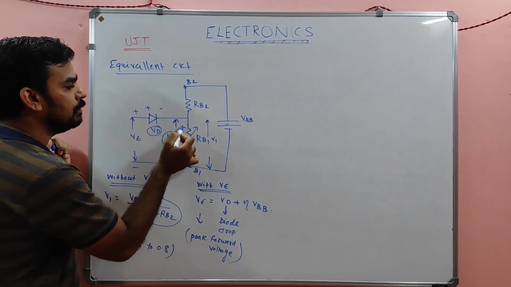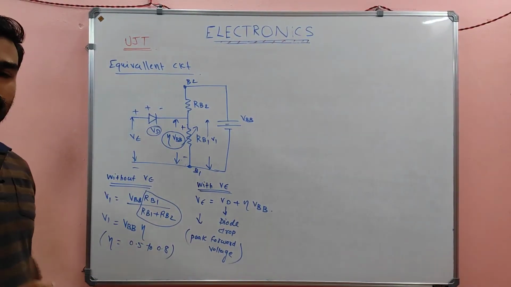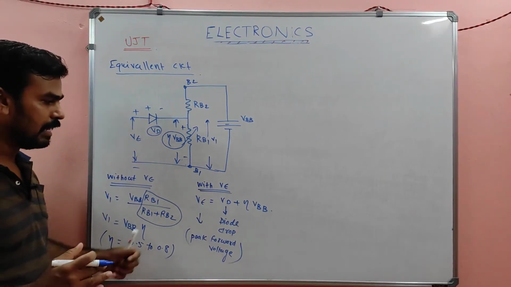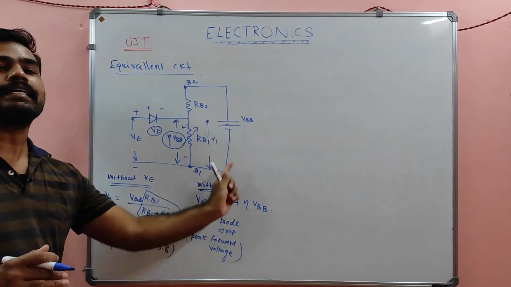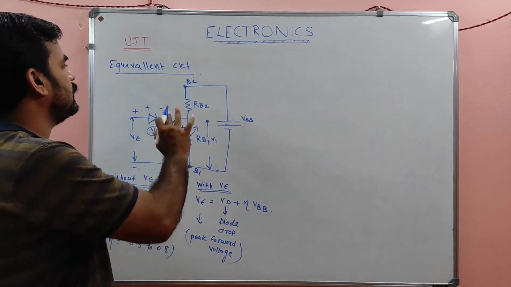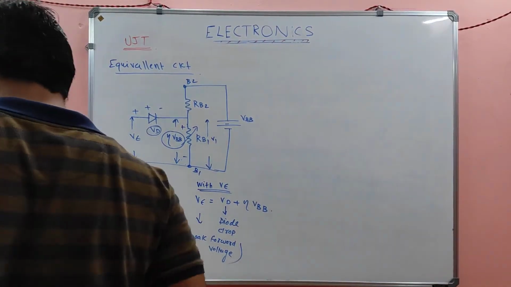Is it clear? That is with VE. When we apply the voltage, there will be the addition of VD also, that you have to just know. That is the equivalent circuit.